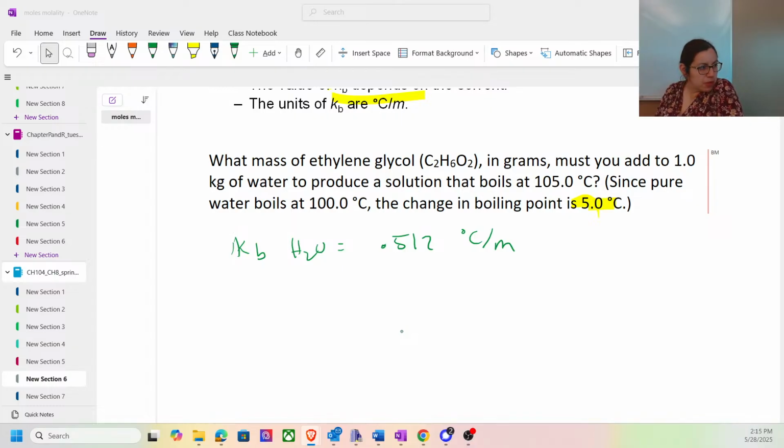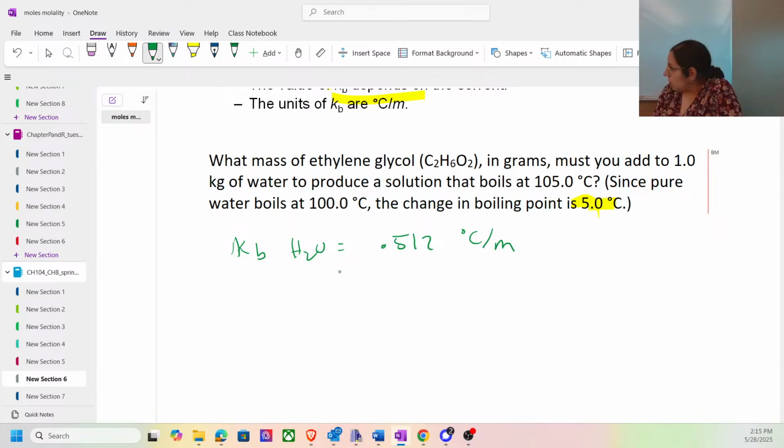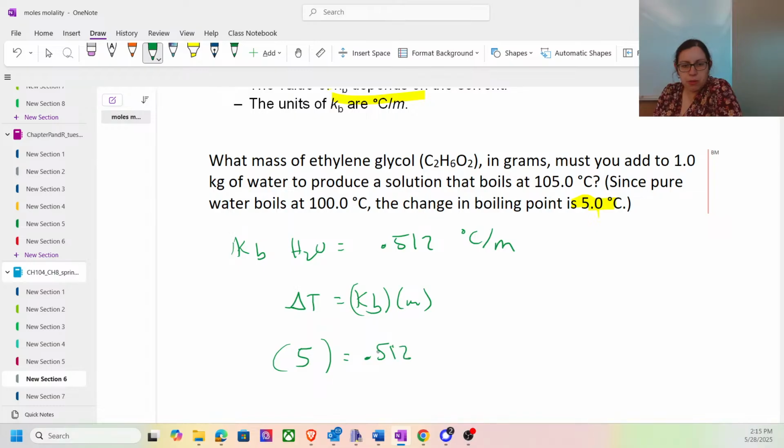So how are we doing on this one? We can at least set up our change in temperature equals our KB times our molality. We're given our change in temperature is 5 degrees Celsius. I gave you the KB from the chart of 0.512.